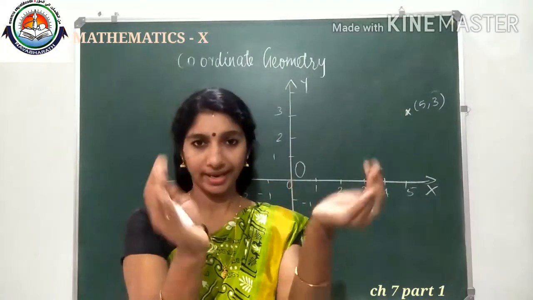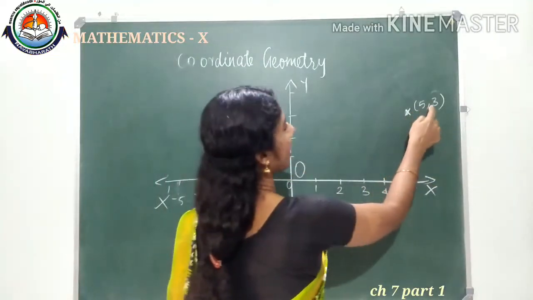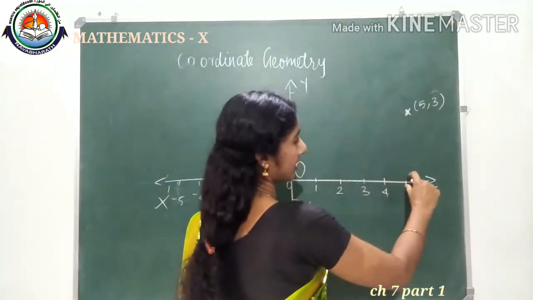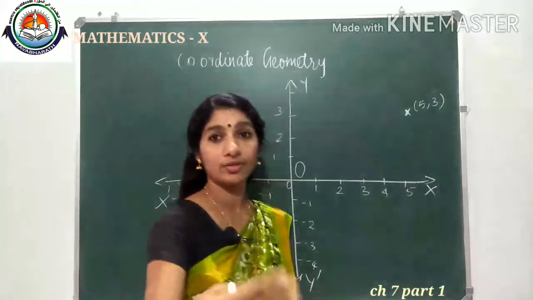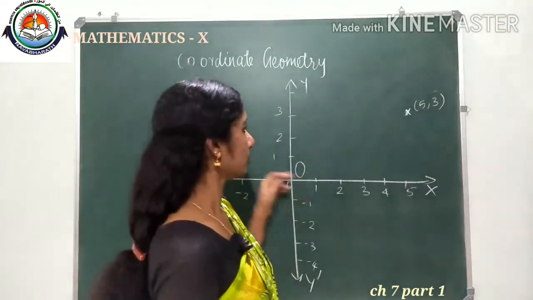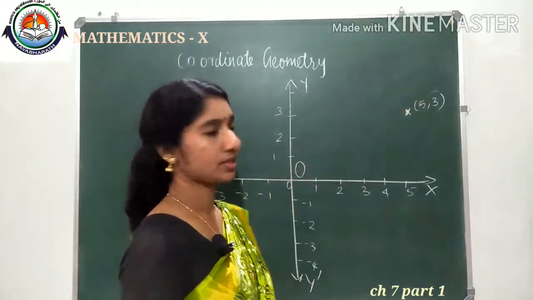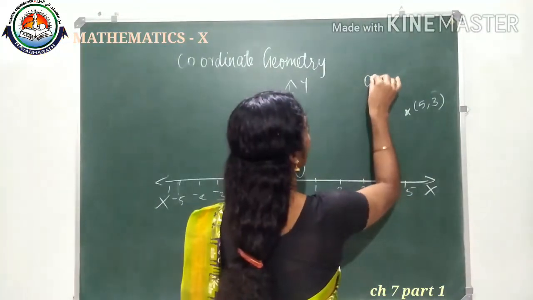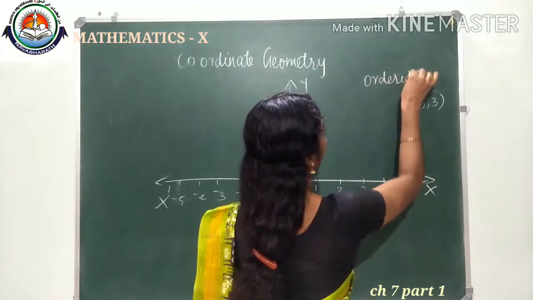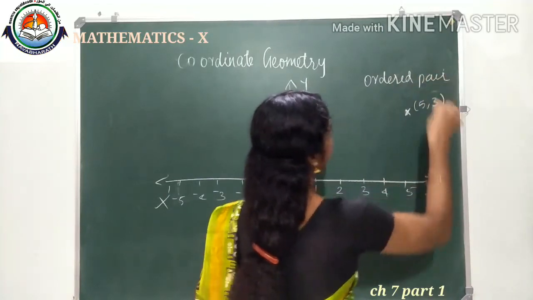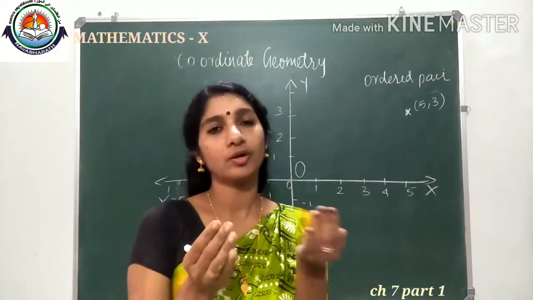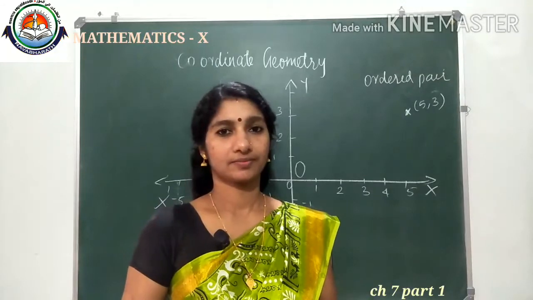We will put a bracket, and the first coordinate through the x axis, how many units we have travelled, so through x axis 5 units and through y axis 3 units. And we will call this an ordered pair, 5, 3.